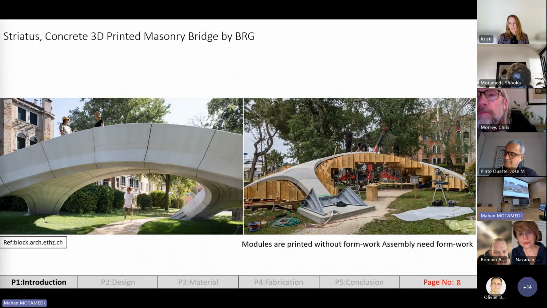The third example is the Stratus concrete 3D printed masonry bridge done by Philippe Block's Research Group. However, the construction method and the design method are both advanced, and the blocks are printed without any scaffolding. The assembly of the modules needs a massive amount of formwork, which makes the construction process remain wasteful.